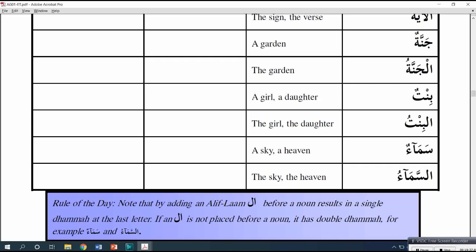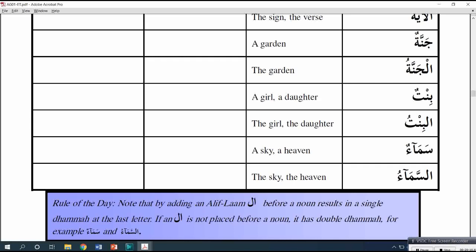Now at the last, there is a rule to note: adding the alif lam before a noun results in a single dhamma at the last letter. If an alif lam is not placed before a noun, it has double dhamma. For example, sama'un.